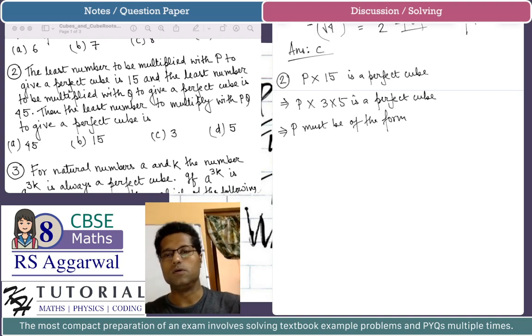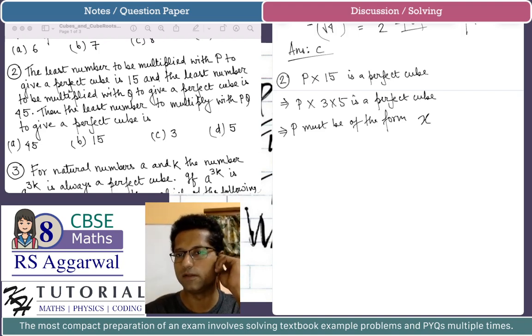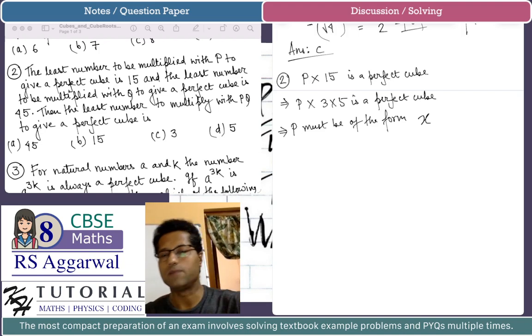So p must be of the form, the number p must be of the form some x apart from 3 and 5, so definitely 3 and 5 are prime factors of p, and apart from 3 and 5 it can have any other prime factors.